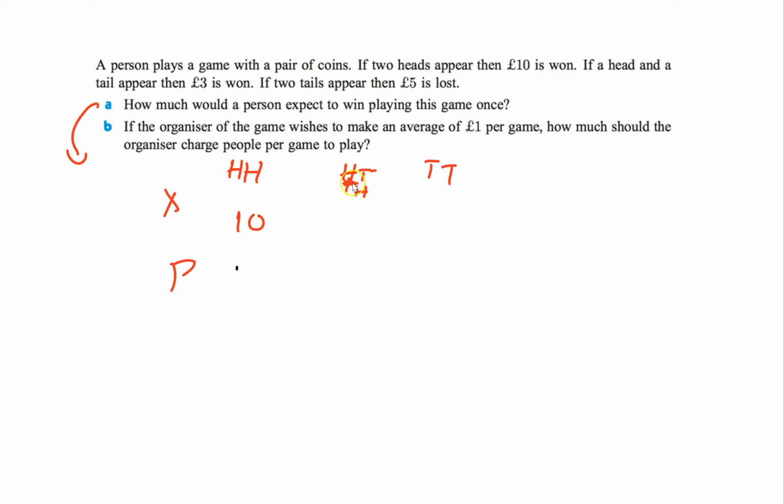Heads, tails, or tails, heads, one of each, you win 3 pounds. 2 tails, you lose 5 pounds. We already know the probability of this. There's only one head-head in the set of 4, so 1 out of 4. There's 2 of these in the set of 4, so 2 out of 4. And then there's one of those in the set of 4, and we toss 2 coins, so 1 out of 4. So that's our probability table.